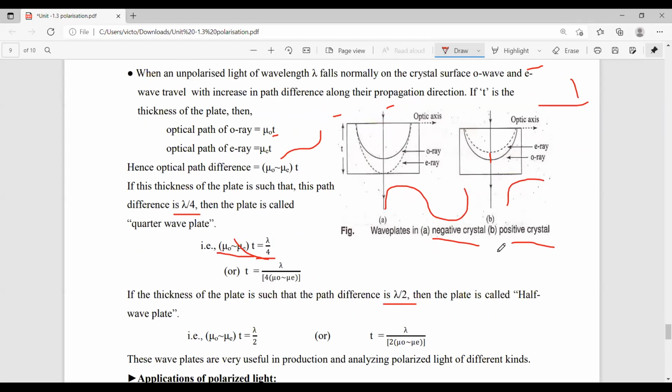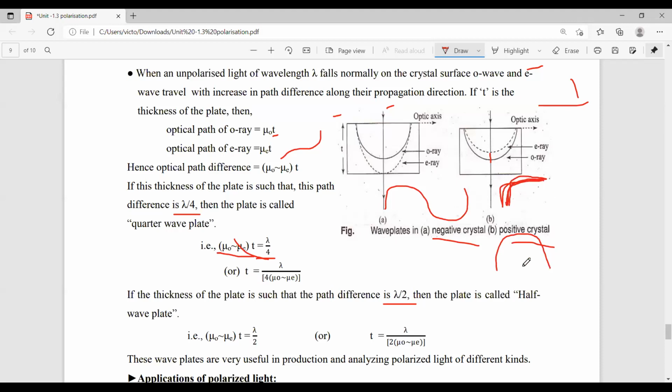Lambda by 2 means this is the lambda by 2 path. That means whenever light travels through a quarter wave plate, only lambda by 4 of the wave passes through that glass plate.